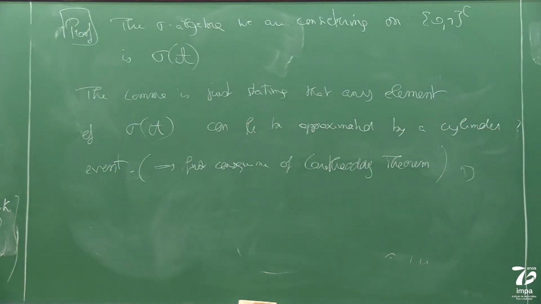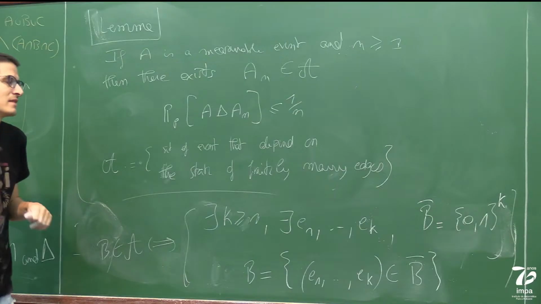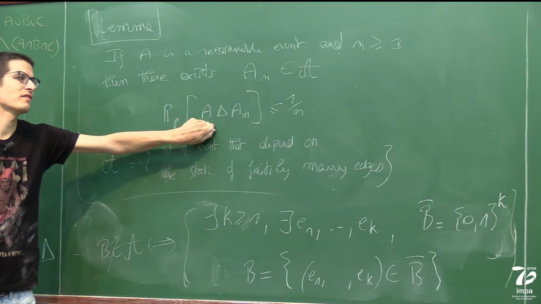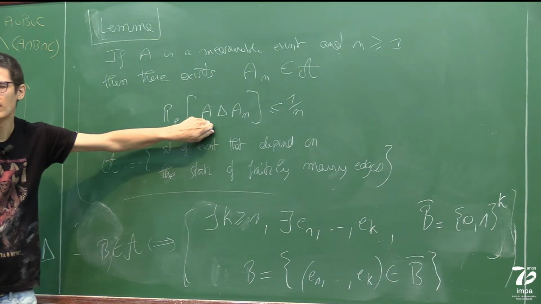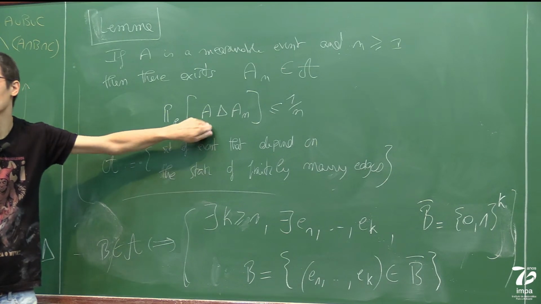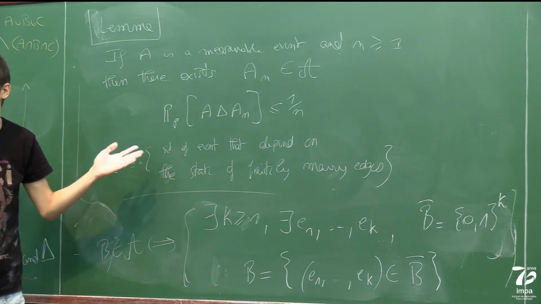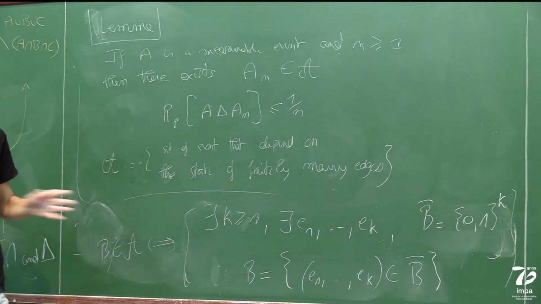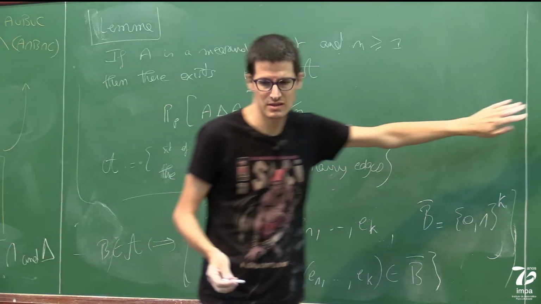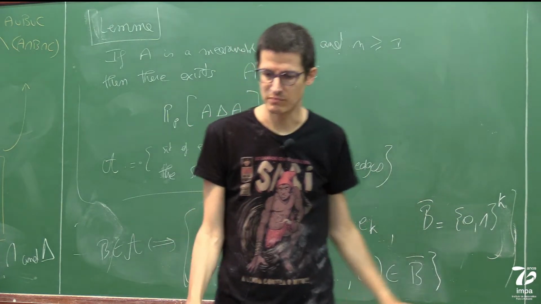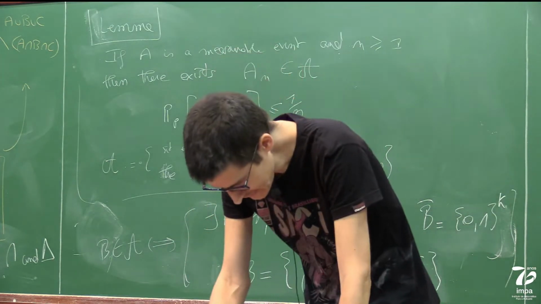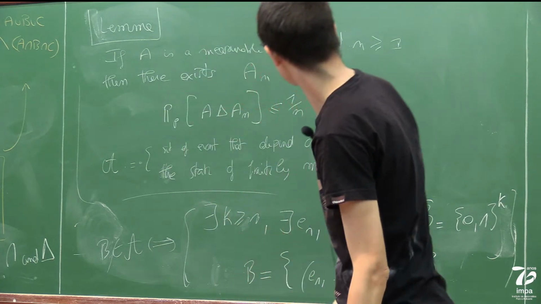An alternative path would be to check that the set of events that can be approximated is a monotone class. But somehow the monotone class theorem is more difficult than Carathéodory's extension theorem. So I think this is easier, in a sense, if you want to do it from scratch, from zero.